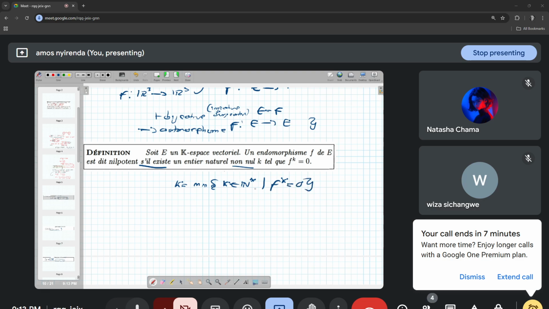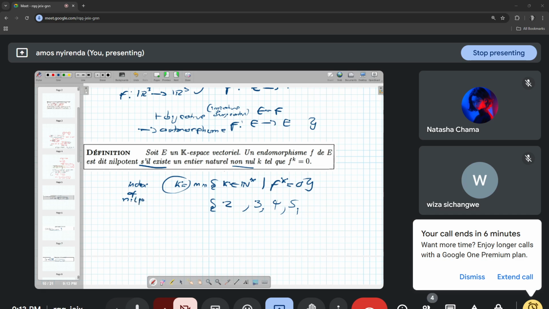Now, this is the precise definition of what K is. K has to be the minimum. For if I look at all the values of K, I say maybe, okay, 2 works, 3 works, 4 works, 5 works, F to the power 6 works, F to the power 7 works. If all those work, then the K that I'm describing here is what is known as the index of nilpotence.